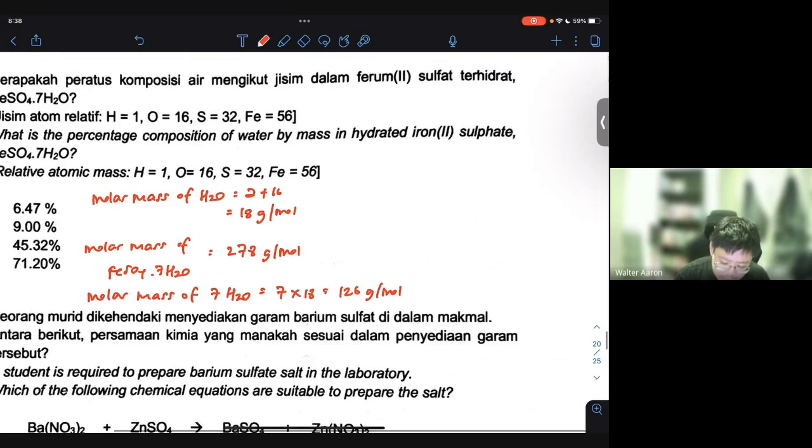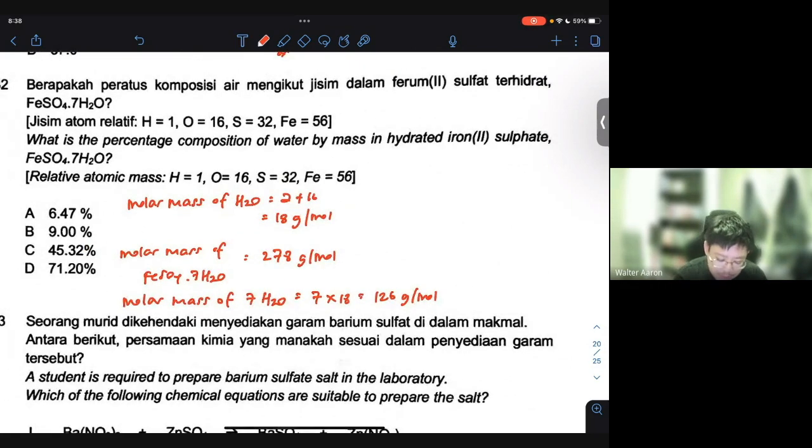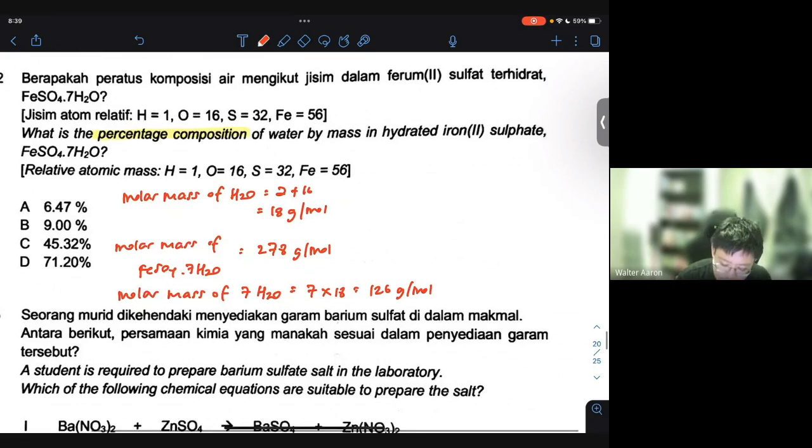Now to get the percentage composition of water by mass in the hydrated salt, we just have to take 126 divided by 278, multiplied by 100.